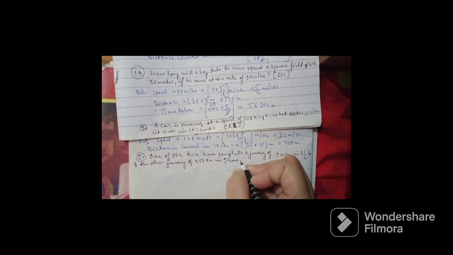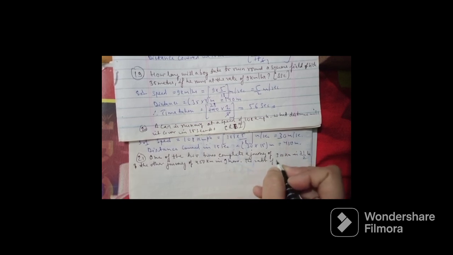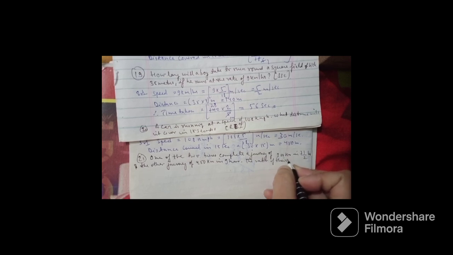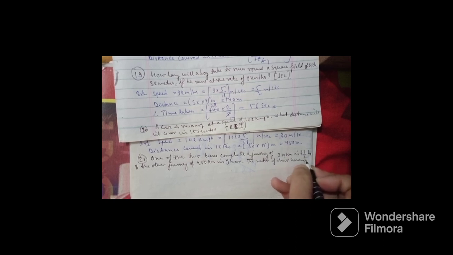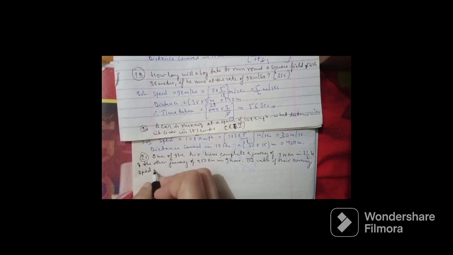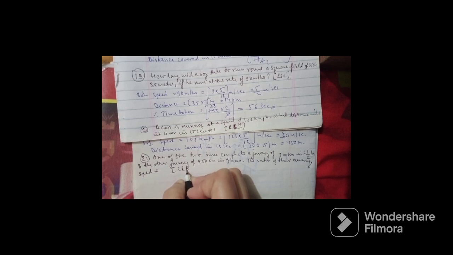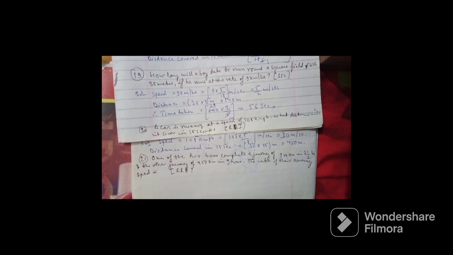The ratio of their average speed, as this has been asked in the RRB examination paper. Options are 2:3, 3:4, 4:5, and 8:9.